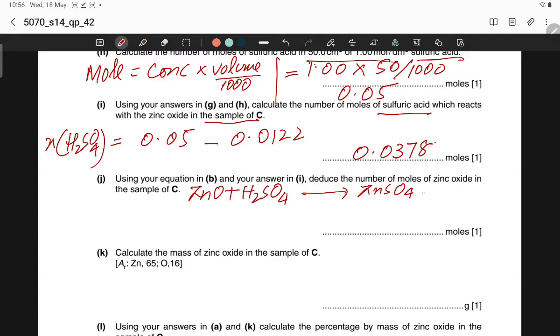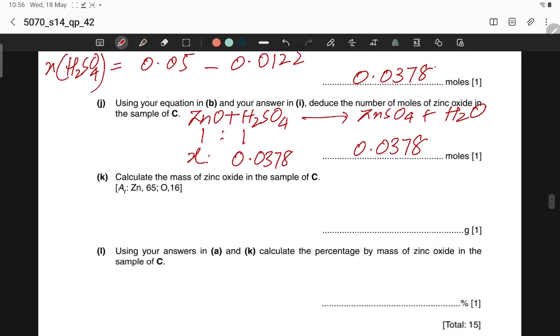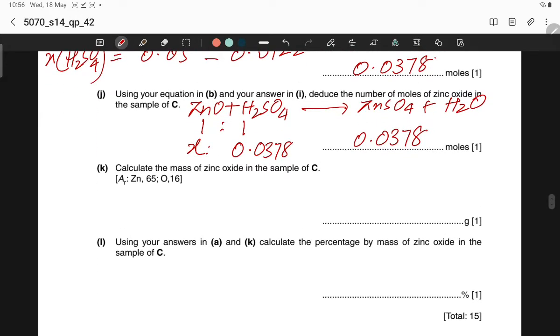This is the chemical equation given in B. So this is 1:1, and we have 0.0378, sorry, 0.0378, ratio x. The moles of zinc oxide are 0.0378.